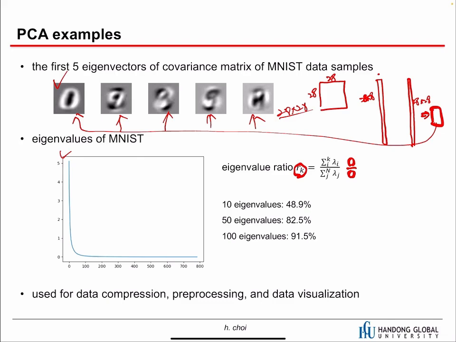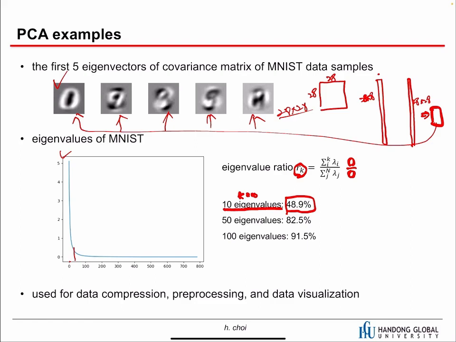That is the eigenvalue ratio. If we use 10 eigenvalues, so k is 10, then it is 48.9%, which means if we use the first 10 dimensional space, we can represent almost half of the variance.